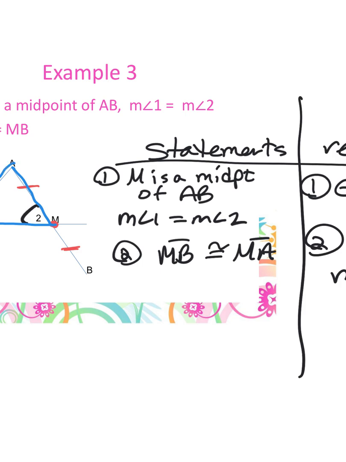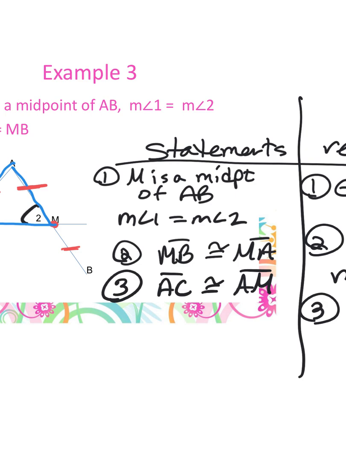Because if I have congruent base angles, then my sides opposite them are also congruent. And that'll be my next statement. And I can state that AC is congruent to AM. And the reason why I can state that is because of the base angles theorem converse.